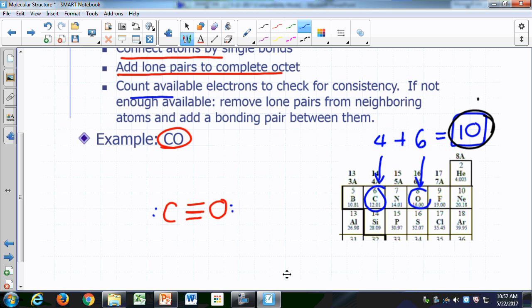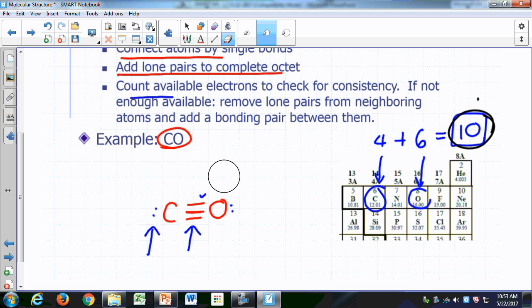So let's verify if we still have an octet. That's 2 plus 6, 3 pairs, that's 6. So that's an octet around carbon. Okay, so as far as this carbon is concerned, it's surrounded by an octet. And then the oxygen has a lone pair and a triple bond next to it, so it's surrounded by an octet.